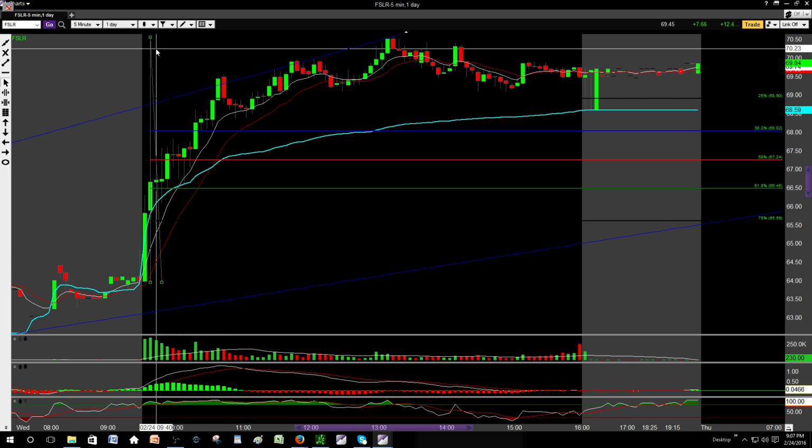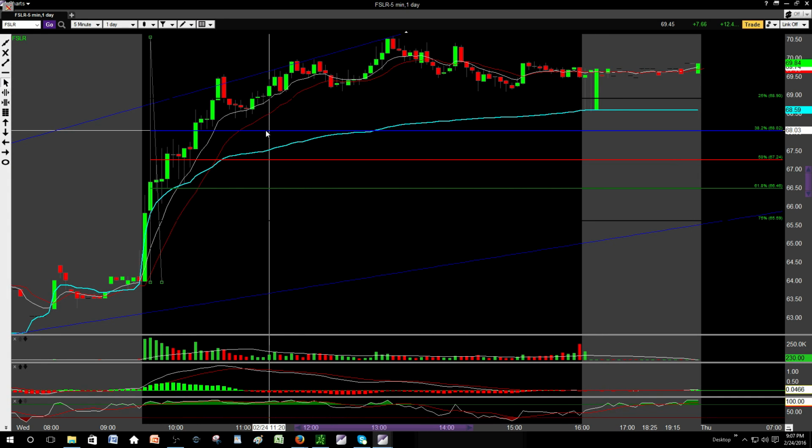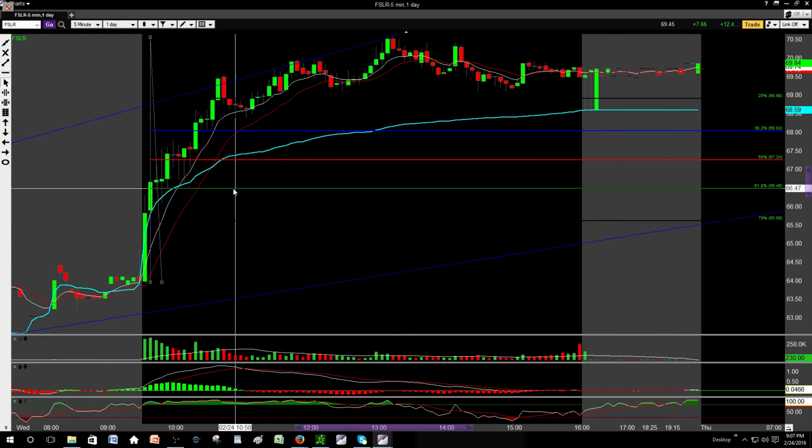There are really a couple of levels that are well known on the fib retracement, and that's the 38.2, which is right here. They kind of just rounded it to a 38. And the 61.8, yeah, that's right here. They usually round that to a 62 level.